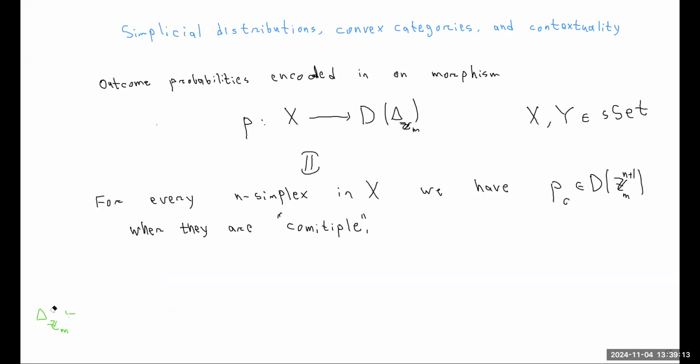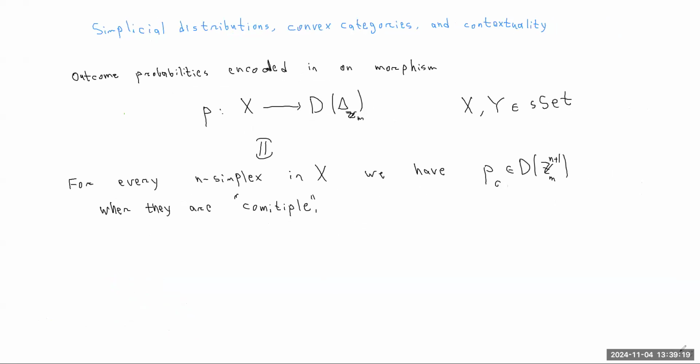That means, let's say we have x2, x1, x0, and so on.